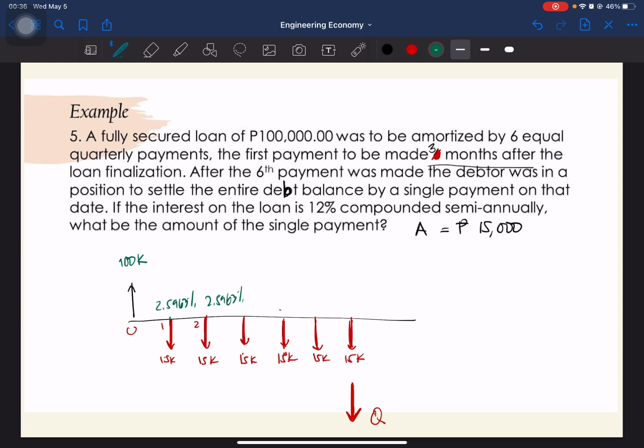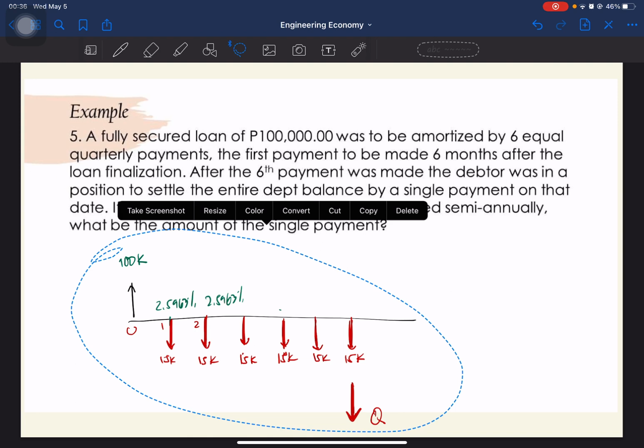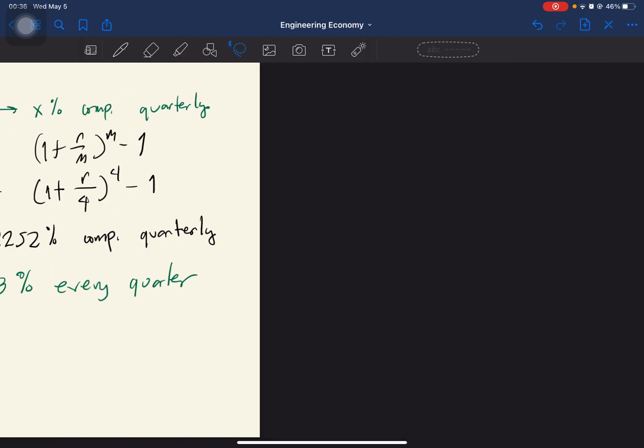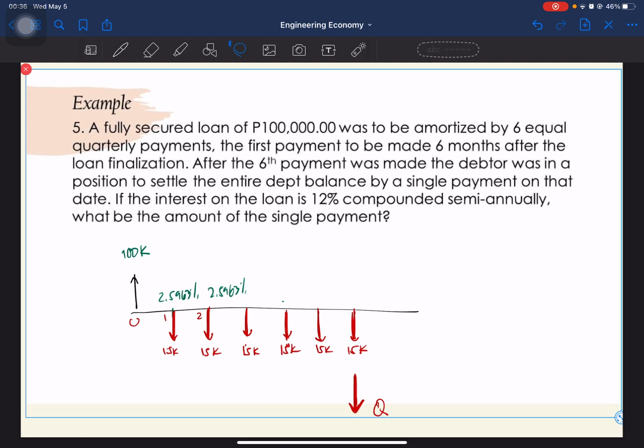Di ba? So, how do we solve for this? E di pag-equate natin to. Kopyahin na natin to, ha? Let's copy. Yan.